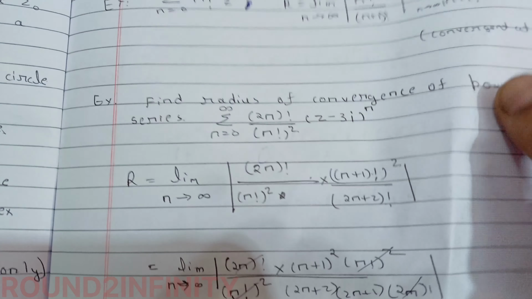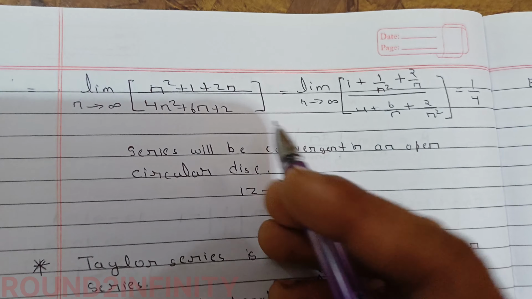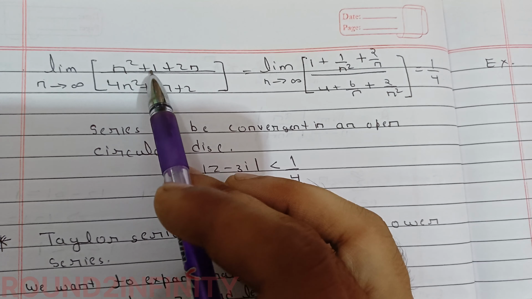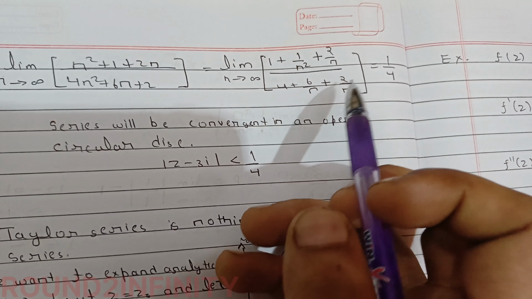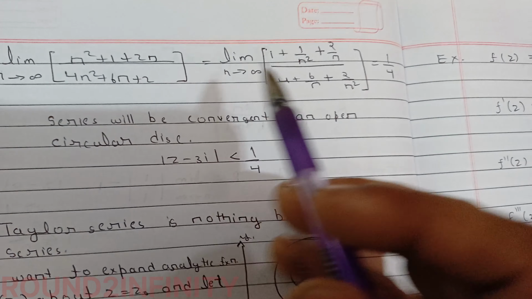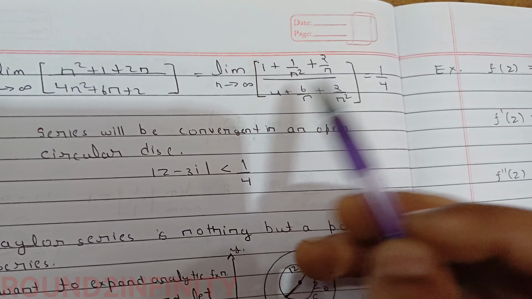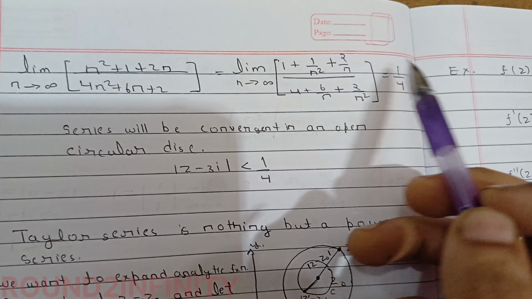So now you have n plus 1 square, 2n plus 2 and 2n plus 1. Let's write it. Expand this n plus 1 square here. So you will get this form. Now take n square common. You will get 1 plus 1 upon n square plus 2 over n. And this term here also take n square common. Now putting n equal to infinity, you will get 0 here, 0 here, 0 here. So it will be 1 upon 4. Now you are getting radius as 1 upon 4.